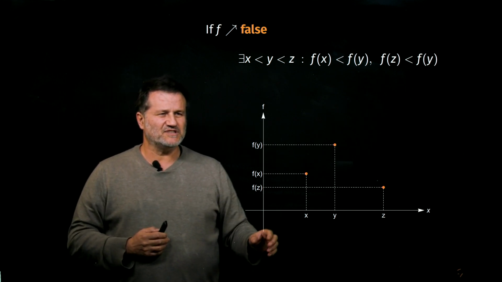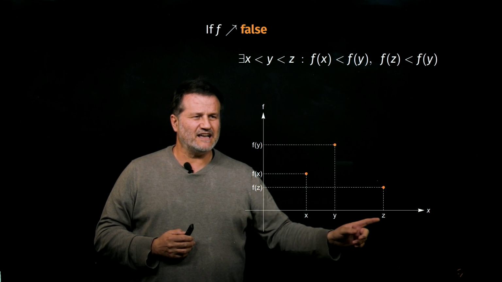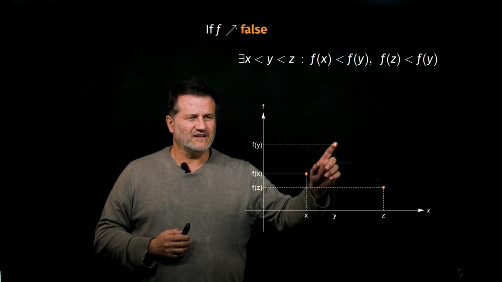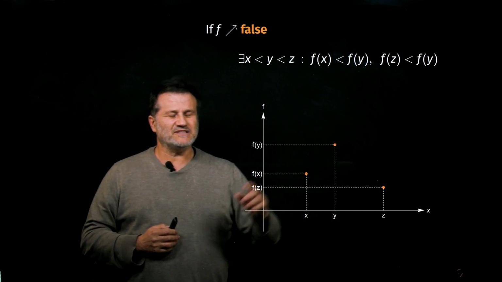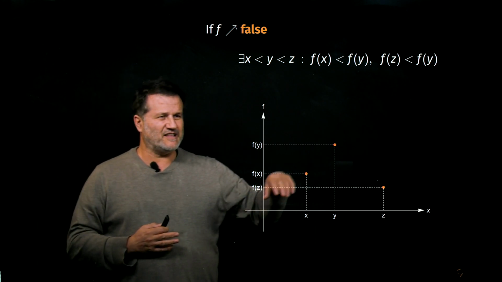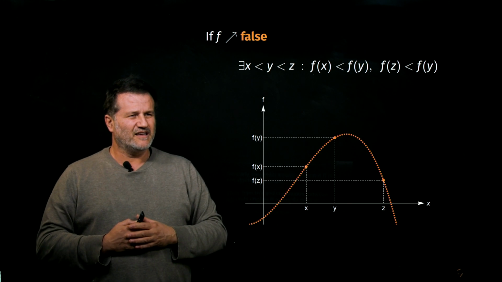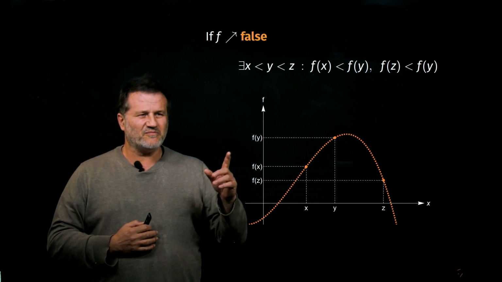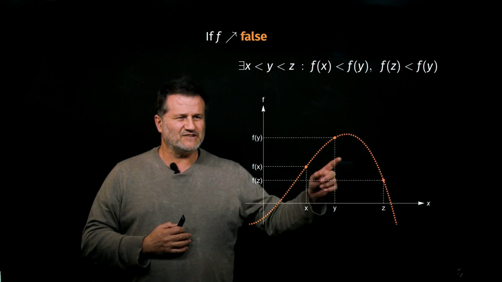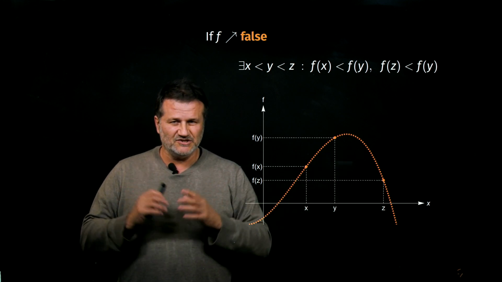In this figure, you see the situation, x, y, z, and the values. Now, if you see these 3 points and you imagine a function that passes through these 3 points that is continuous also, you can see that something goes wrong because you see that this function is definitely not injective.